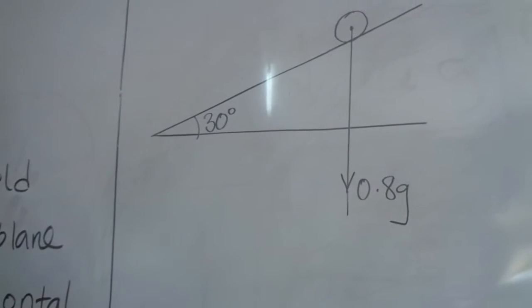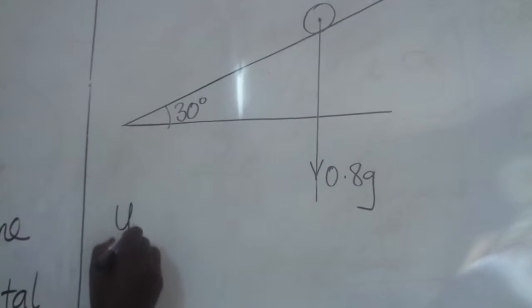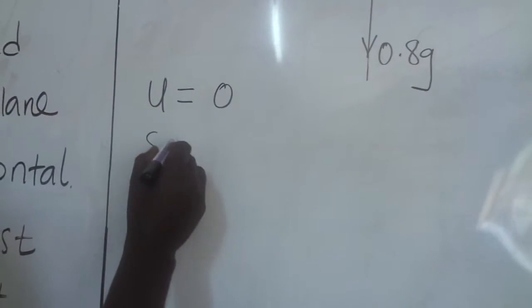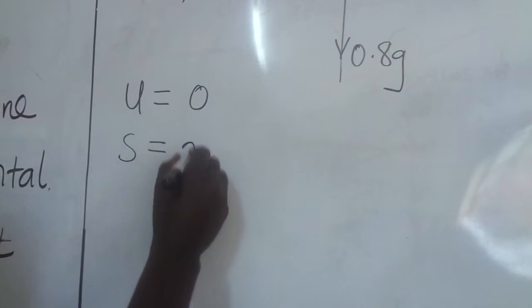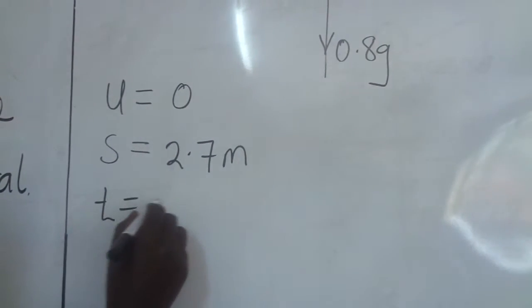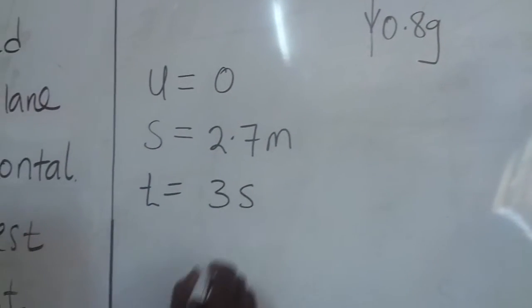Now, since they want the acceleration, we know that the particle was released from rest, so the initial velocity is 0. It covered a distance of 2.7 meters in a time of 3 seconds.